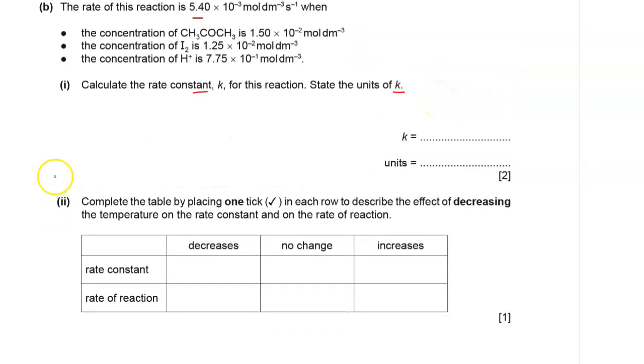So then you bring k here: k equals rate. The rate you're given is 5.4 times 10 to the power minus 3, divided by the concentration of propanone, 1.5 times 10 raised to the power minus 2, times the concentration of hydrogen ion, 7.75 times 10 raised to the power minus 1.